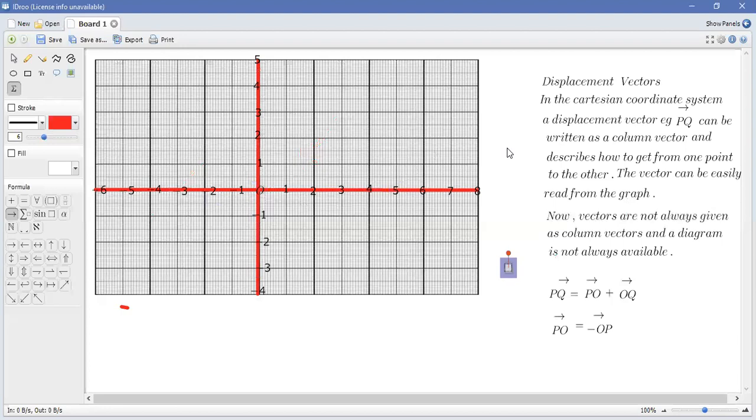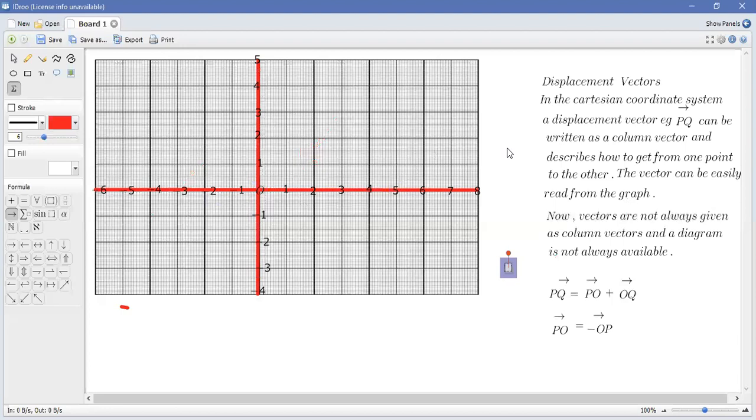So you have x coordinate and you have y coordinate. So in the Cartesian coordinate system, a displacement vector, example P to Q, can be written as a column vector, which you are aware of, and describes how to get from one point to the other.